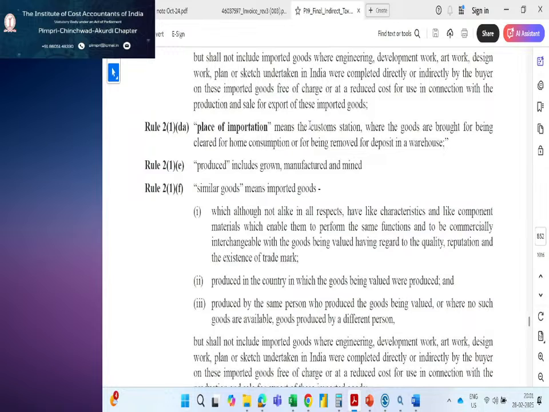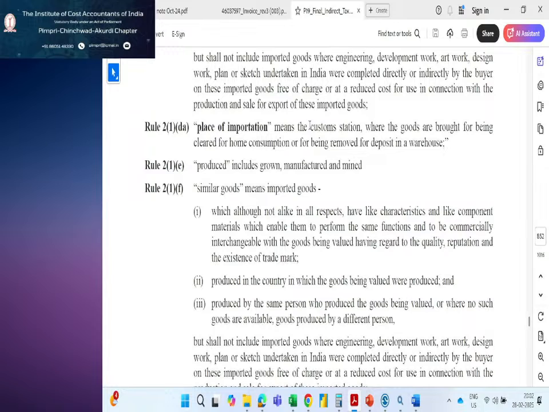So it is my option whether I can keep it in the warehouse itself or take it to the factory premises. So the goods are brought for being cleared for home consumption or for being removed for deposit in a warehouse. So I may request the customs officer also, like they can hold it for 2-3 days.